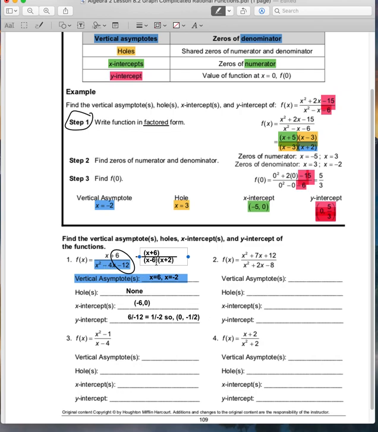I factored the denominator and got those values. Holes, there weren't any. X-intercepts come from the numerator. What makes the numerator 0? And you have to write it as an ordered pair. And then the y-intercept is when the x's are 0.